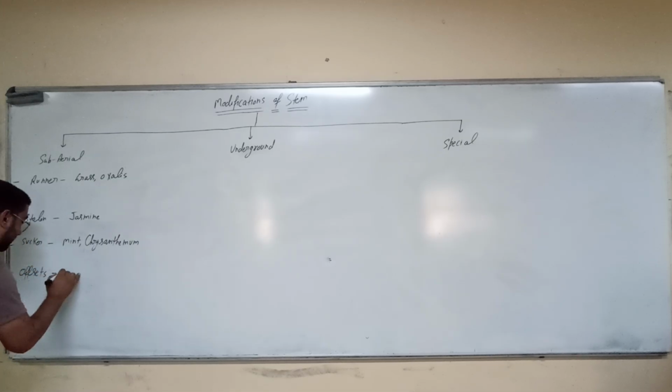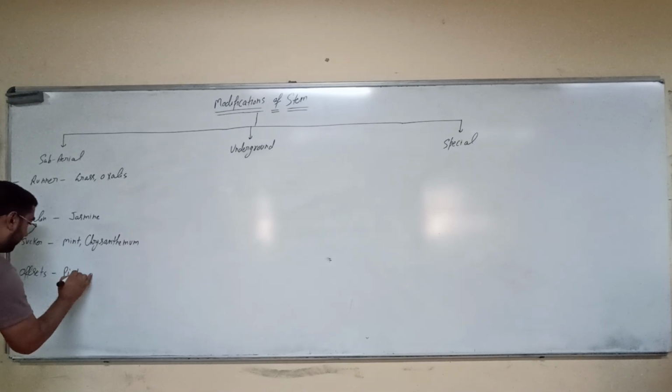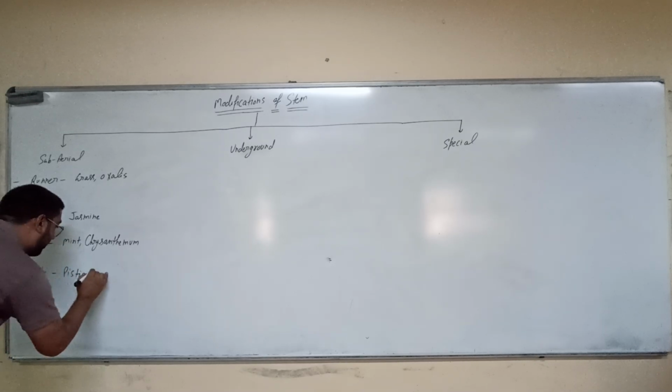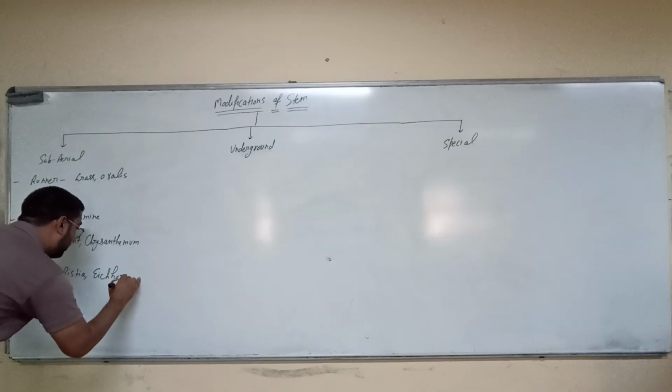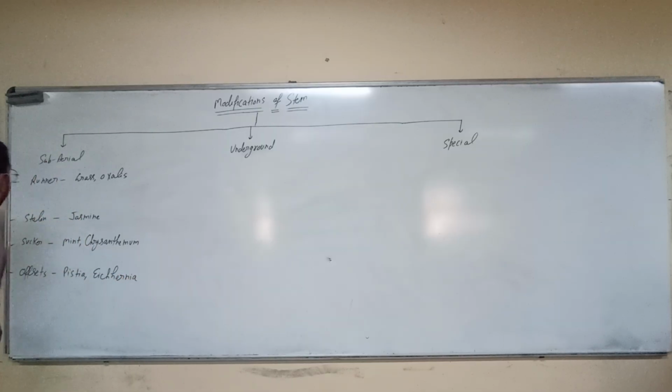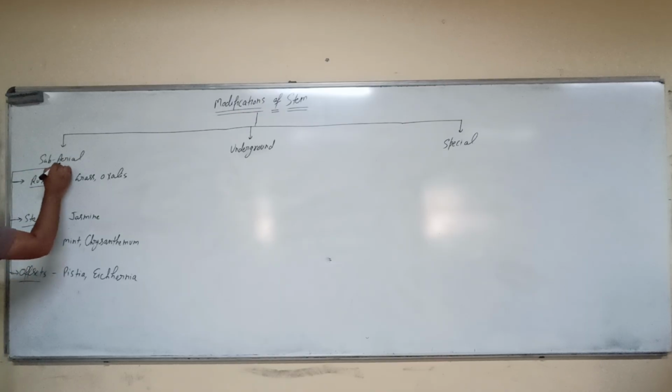Next is offset, in pistia and eichhornia. Runner, stolon, sucker and offset: all these are sub-aerial types of modification.